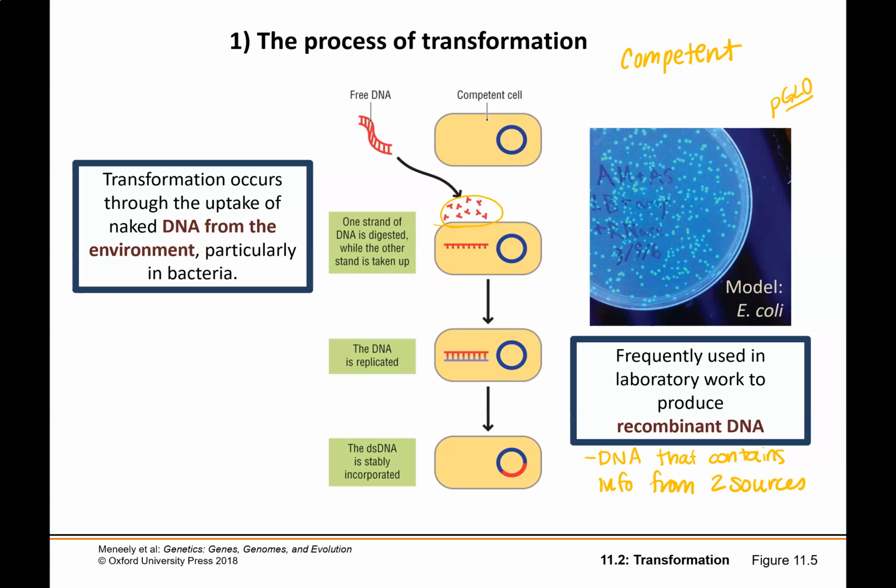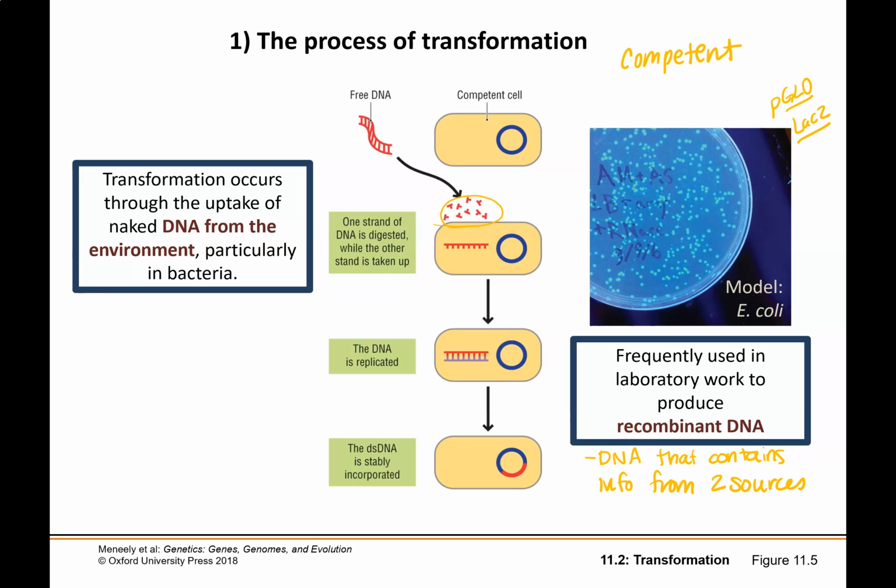If you are in a semester that does not do pGlow, you will probably be doing the LAC-Z transformation. This allows a cell to express a gene that turns the colony of bacteria either blue or white, depending on the presence of the gene. So these are both used as indicators to make sure that the bacteria has taken up the gene of interest.